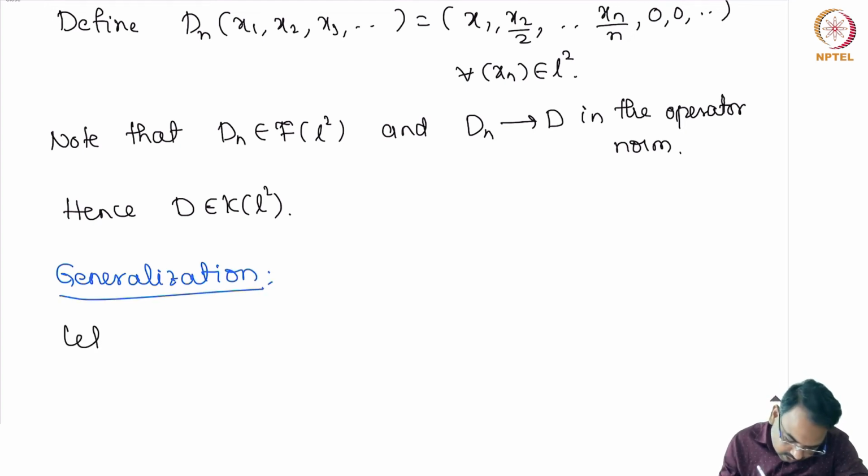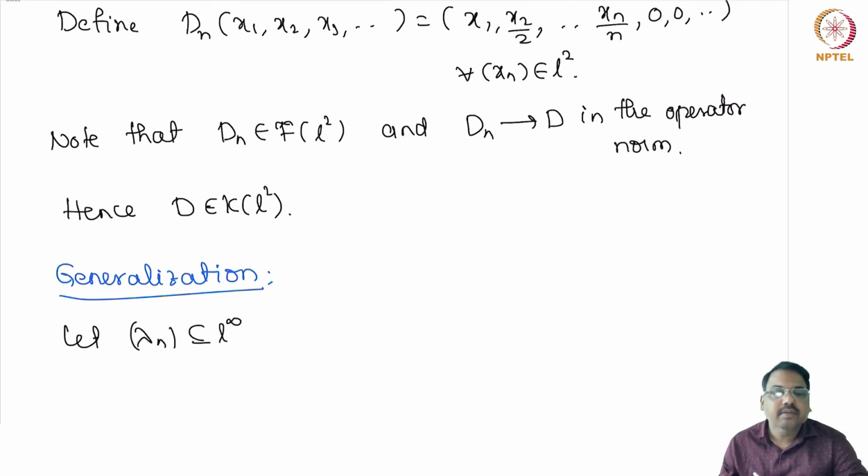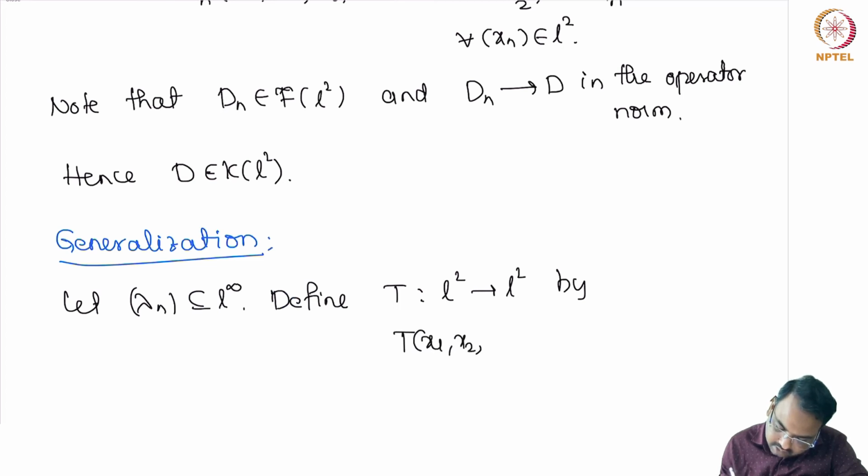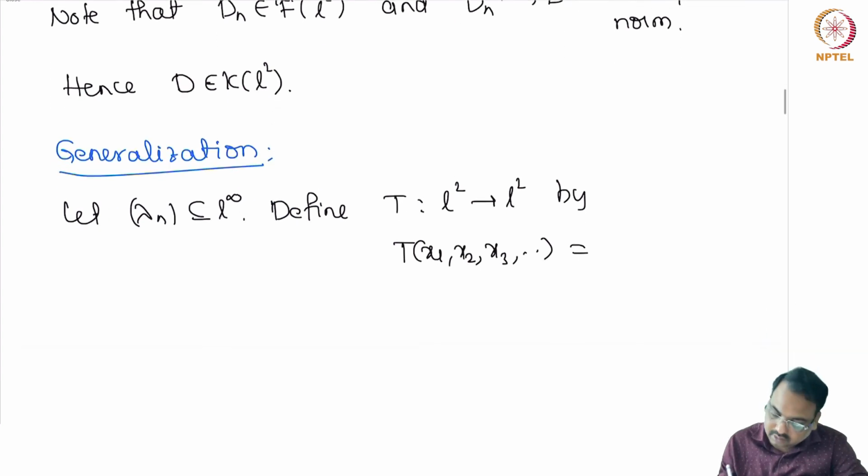Okay, so let us take a bounded sequence in l infinity. Define T from l2 into l2 by T of (x1, x2, x3, and so on) is mapped to (lambda1 x1, lambda2 x2, and so on).